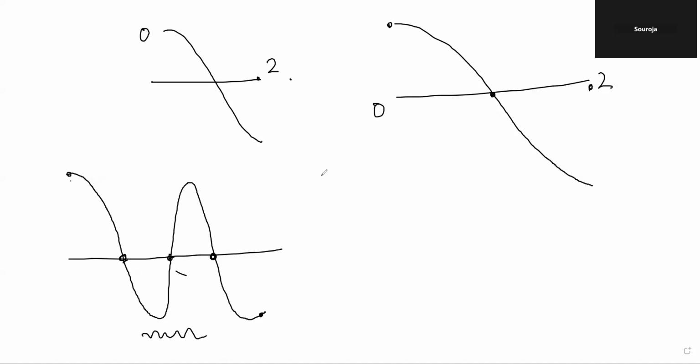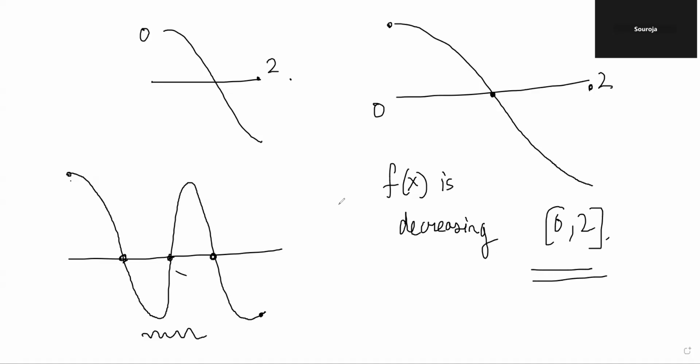What the derivative tells me is that the function f of x is decreasing completely in the interval 0 to 2. F of 0 was positive, f of 2 is negative, and it is constantly decreasing. And that means it can only cut the axis how many times? Once, right?